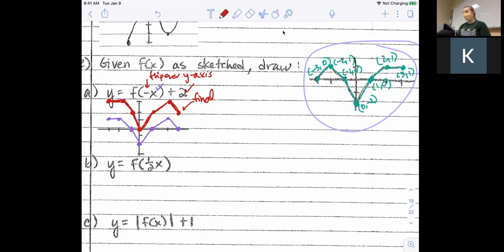The purple is just when I did f of negative x, where I just flipped across the axis. The farthest left point, -3, 1.